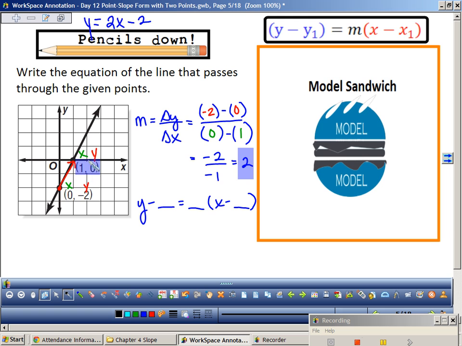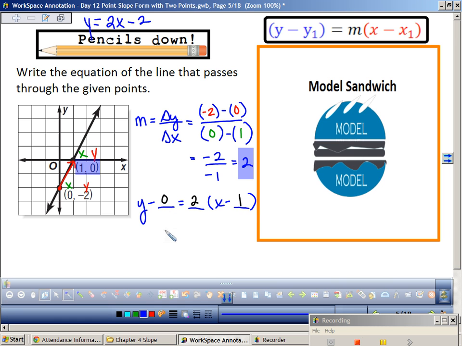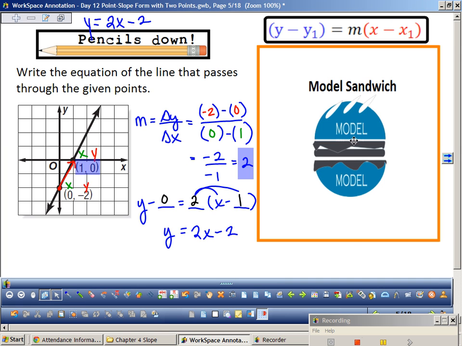My y value that I picked is 0. My slope is 2. And my x value is 1. Now I just simplify. Do I need that 0? No. Y equals, let's distribute, 2x minus 2. Is that what I got up there? That's what I've got up there.